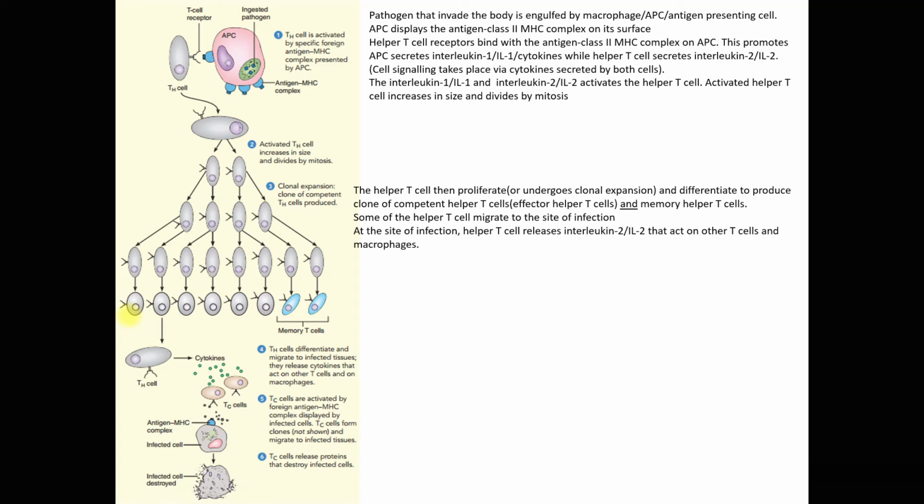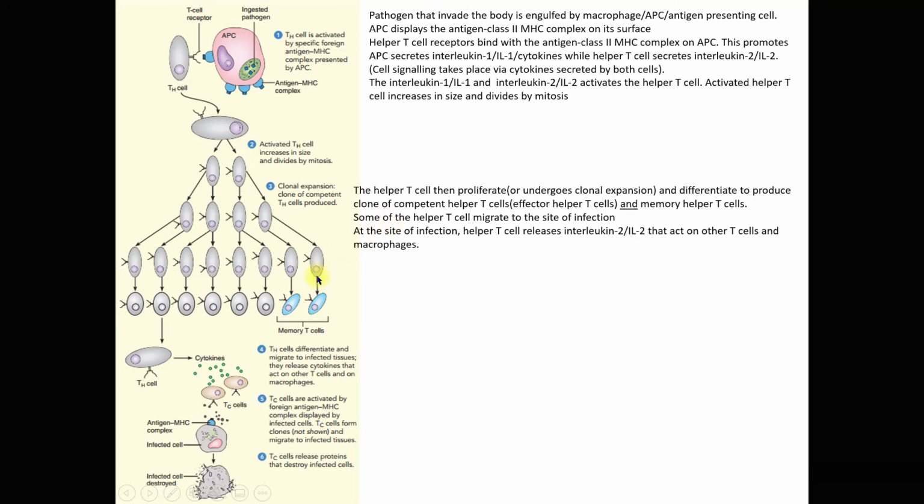Now, because some of these pathogens will travel through your bloodstream to the other parts of your body, you can imagine that this occurs at the other parts of the body. So the activated helper T cell will travel to the site of infection. And please do take note, at the site of infection, this process also happens.